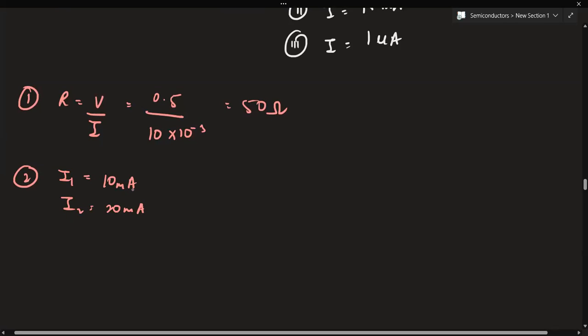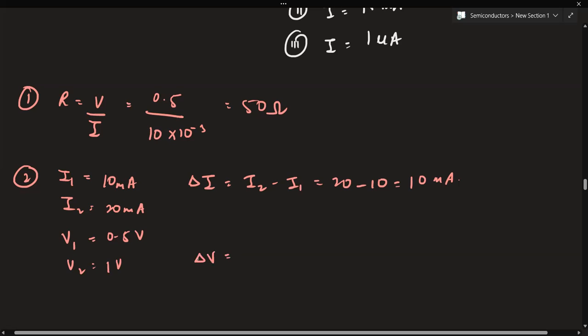So if you take the difference, delta I, I2 minus I1, this will be 20 minus 10, that is 10 milliamperes. Regarding voltage, V1 corresponding to this 10 milliampere is 0.5 volt and V2 corresponding to 20 milliamperes, which we know, is 1 volt. So again, the voltage difference will be 1 minus 0.5, that is 0.5 volt.